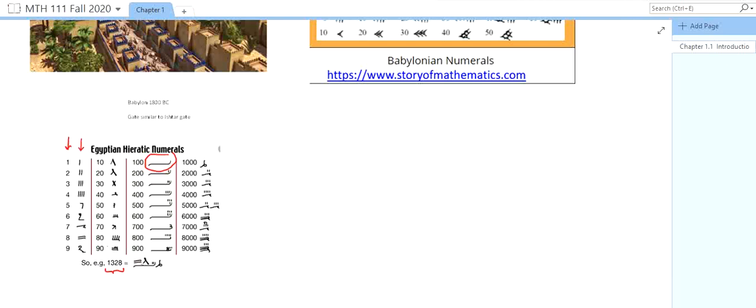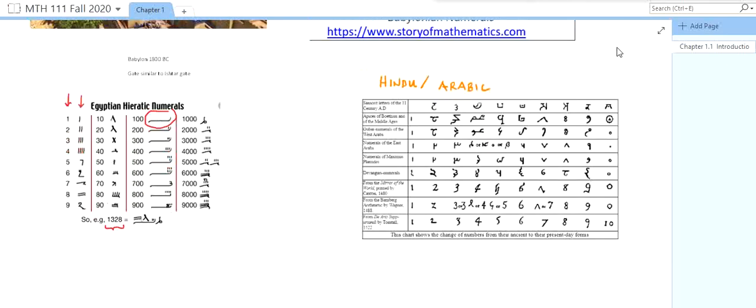So our system, though, directly evolved from a Hindu-Arabic system. And originally in India, around the 11th century AD, they had the first 9 digits represented, as you can see here, 1, 2, 3, 4, 5, 6, 7, 8, 9, by different symbols.